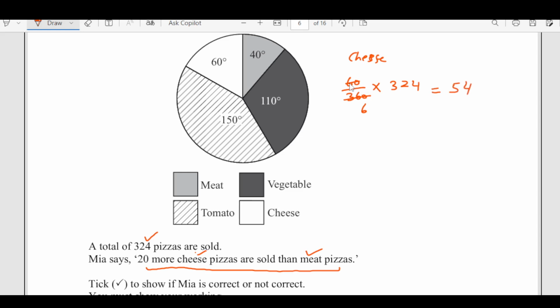Then we are looking for meat pizzas. Meat is this one, which is 40 over 360 times again the total number, which is 324. Once you do this, this comes out to be 36.